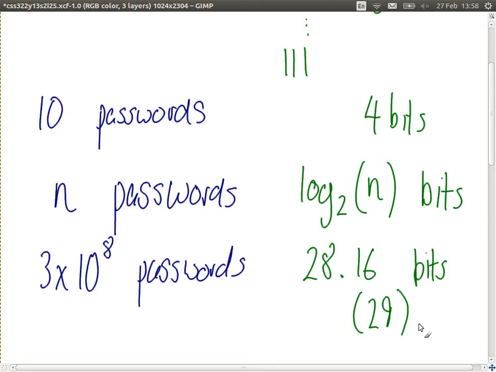A 28 or 29-bit key requires 2 to the power of 28.16 attempts. What's 2 to the power of 28.16? 300 million. There's nothing new about this maths from high school. This is just the log of 300 million. The point is that when we talk about the strength of passwords, often we talk about them with respect to the bits.